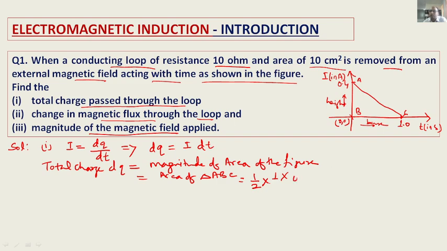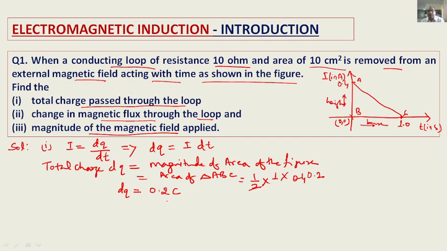So 0.4. We will cancel it with 0.2. So total charge passing through the loop is 0.2 coulomb. Yes, here point is there. 0.2 coulomb.